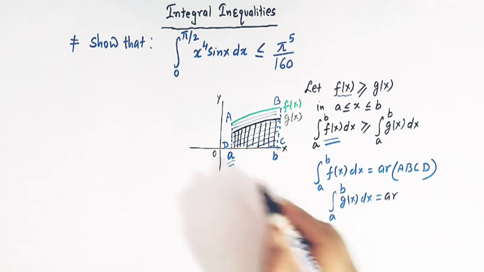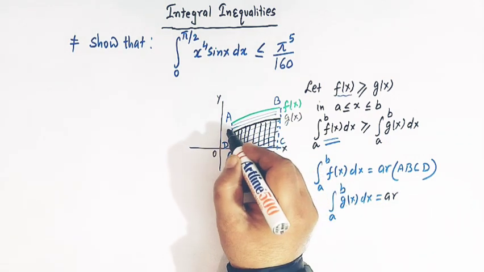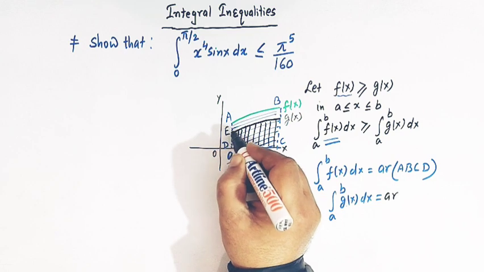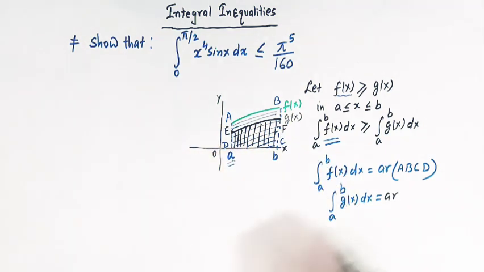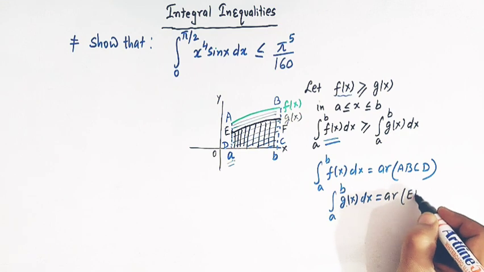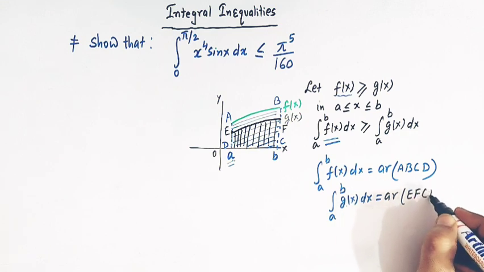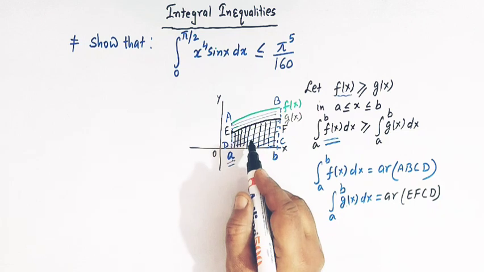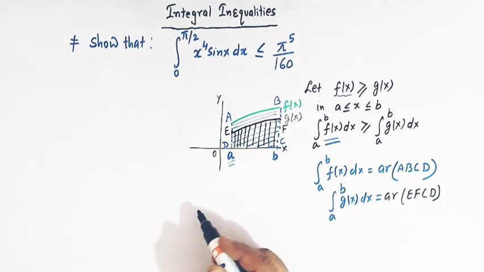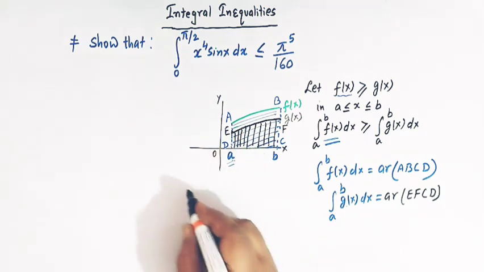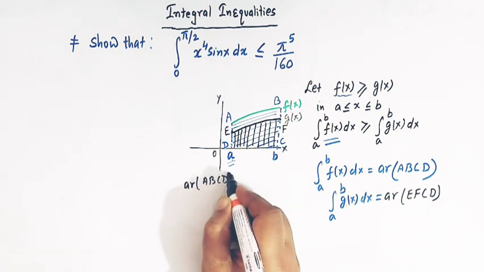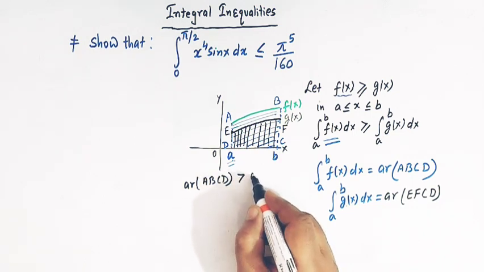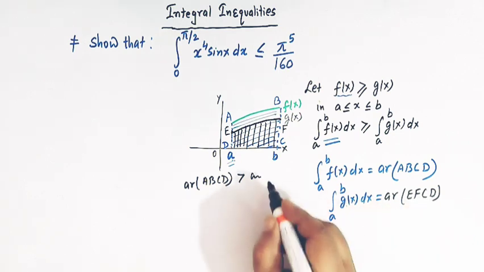So say this point is E and this point is F. So this is area EFCD. From the figure, we can easily conclude that area ABCD is greater than area EFCD.